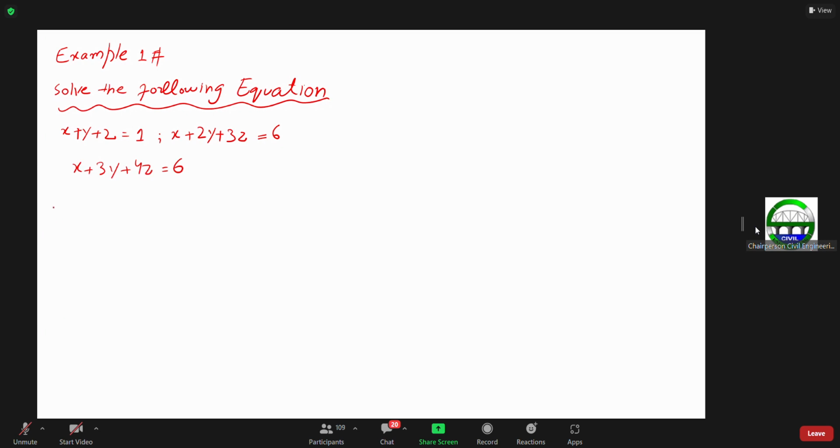So what is the first step? In the first step, we're gonna make the matrix of this system of linear equations. So we always say Ax is equal to B and x is equal to A inverse B, right?